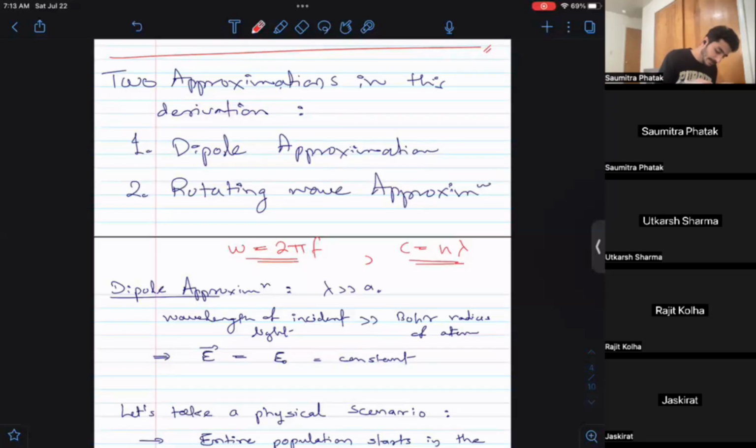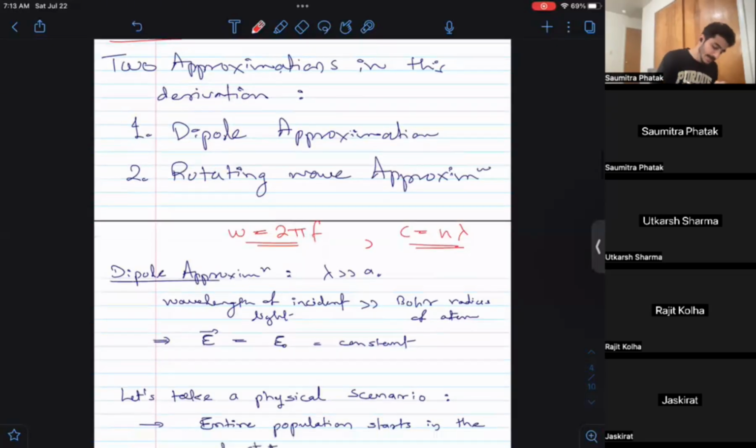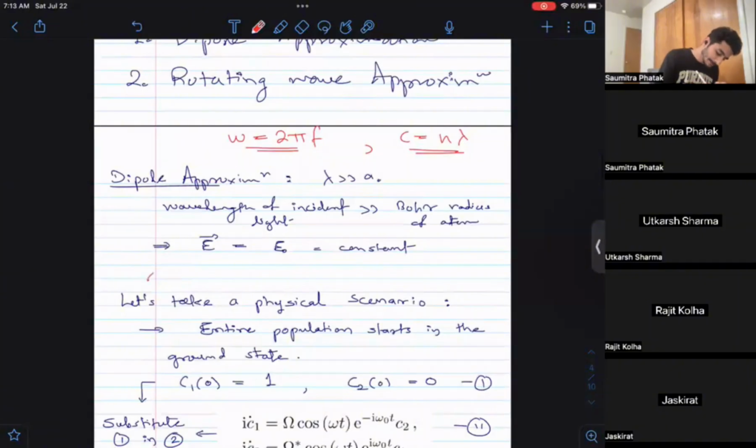So what does wavelength mean? Basically any pattern that repeats itself, right? If you have a wave like this, which is periodic and doesn't vary in time, then it's the same after a periodic interval.